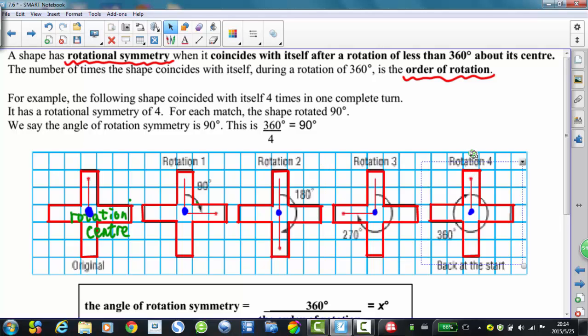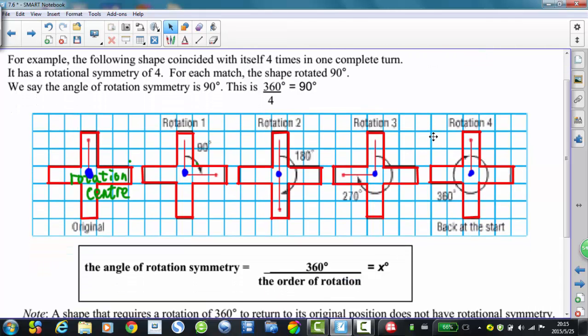This time I want to rotate 360 degrees. 90, 180, then 270 degrees, then 360 degrees. After I rotate 360 degrees clockwise, this shape can coincide with itself 4 times in one rotation. Therefore, we say the order of rotation in this example is 4.